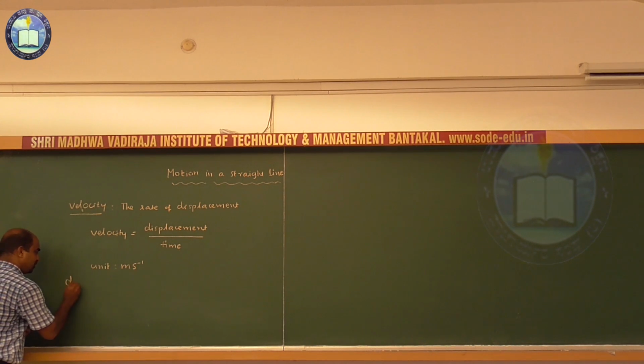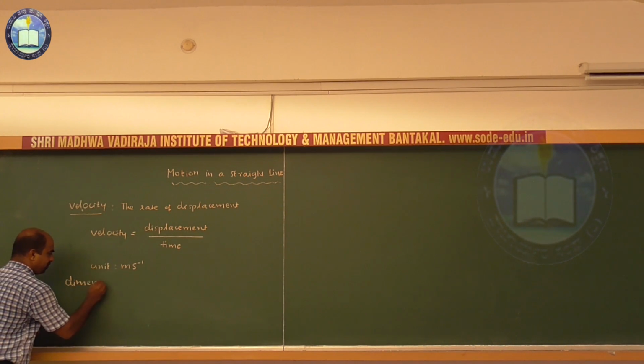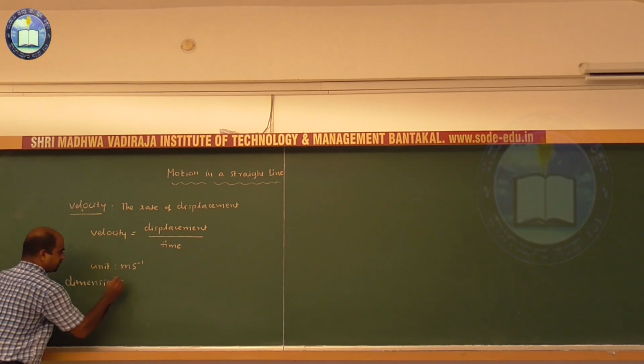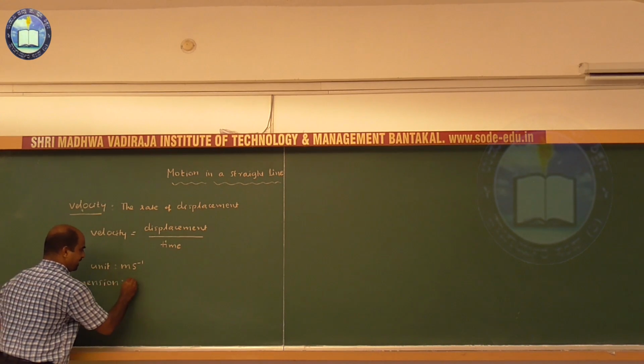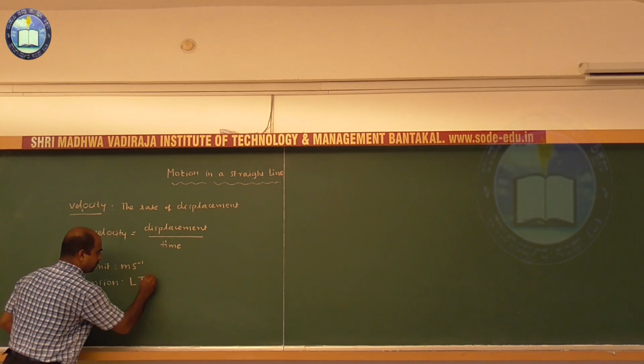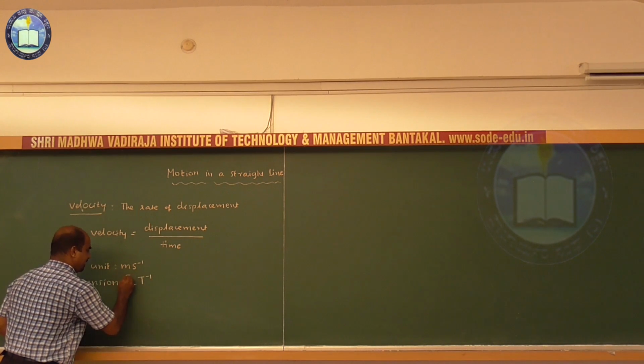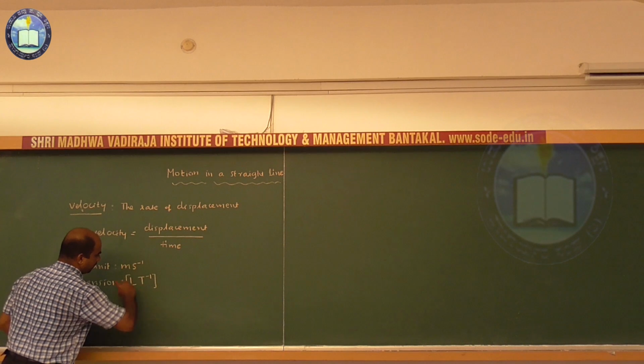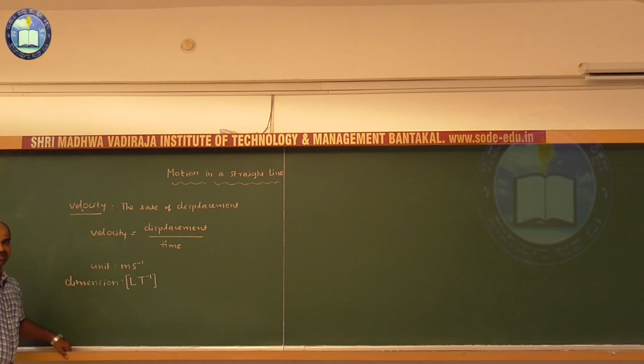So what is the dimension of velocity? The dimension of velocity is length, L, times time, T, to the power of minus 1. So LT to the power of minus 1, or M to the power of 0 because there is no role of mass in velocity. We know velocity is nothing but displacement by time taken.